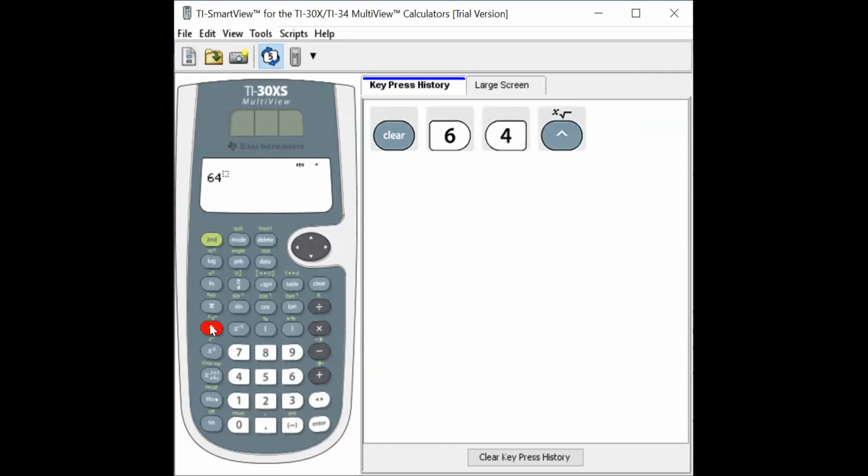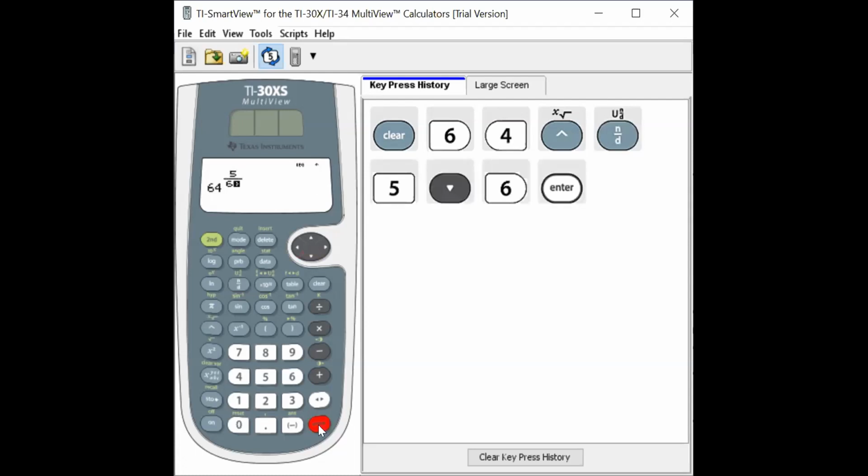But our exponent is a fraction, so we're going to hit fraction, 5/6, equals, and we got 32. And we got 32 right there on that problem. So you can do these problems on the calculator, but it would be great if you actually thought about what you're doing.